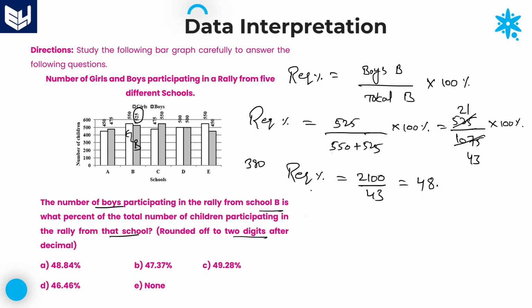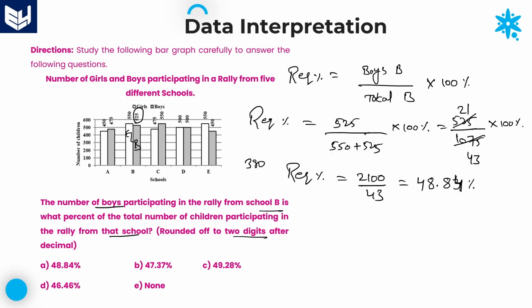Still you are left with 36, so 360. 360 means again it is 8 times, 344. And next 16, and next that will be around 3 point something. So you will get 48.84 percentage. Why?